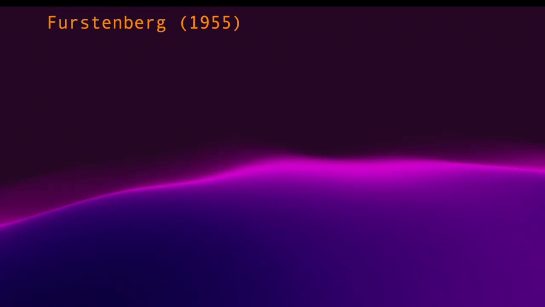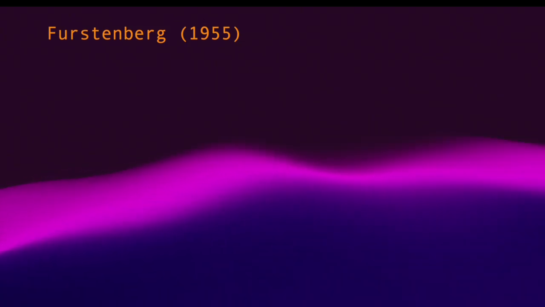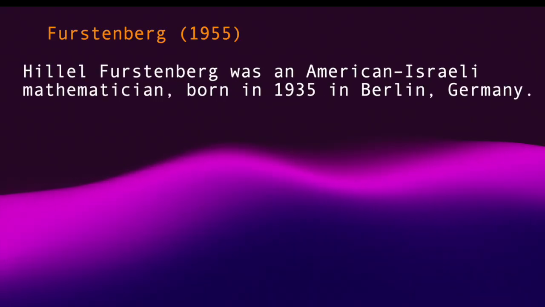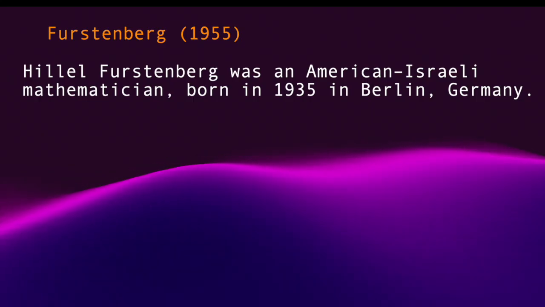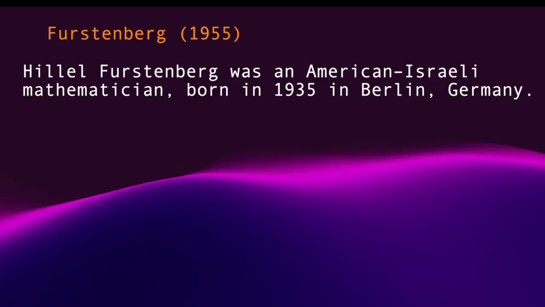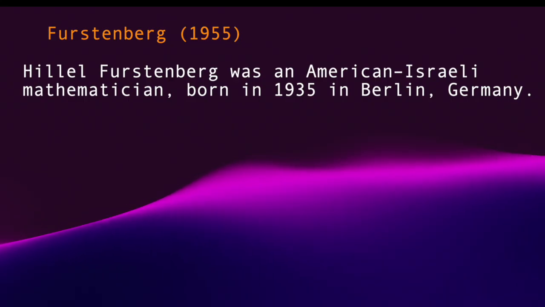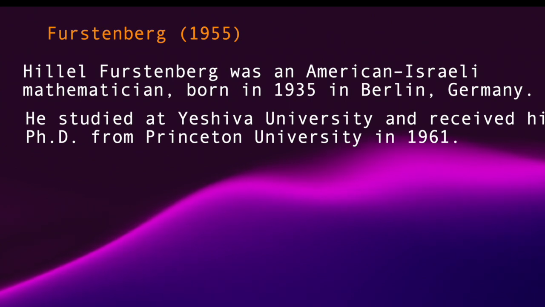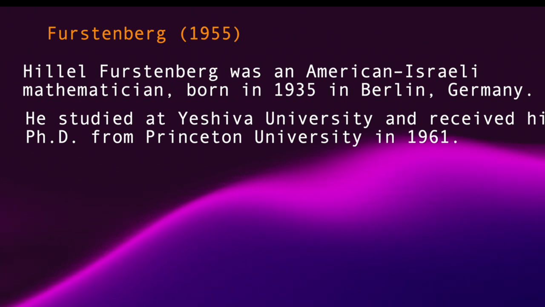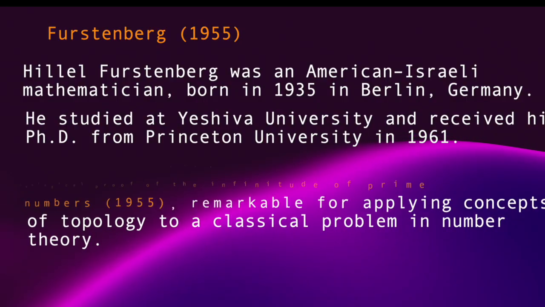Now let's tackle Fürstenberg's proof. First, Fürstenberg was an American Israeli mathematician born in Berlin, and he immigrated to the United States. He studied at Yeshiva University and received his PhD from Princeton University in 1961.